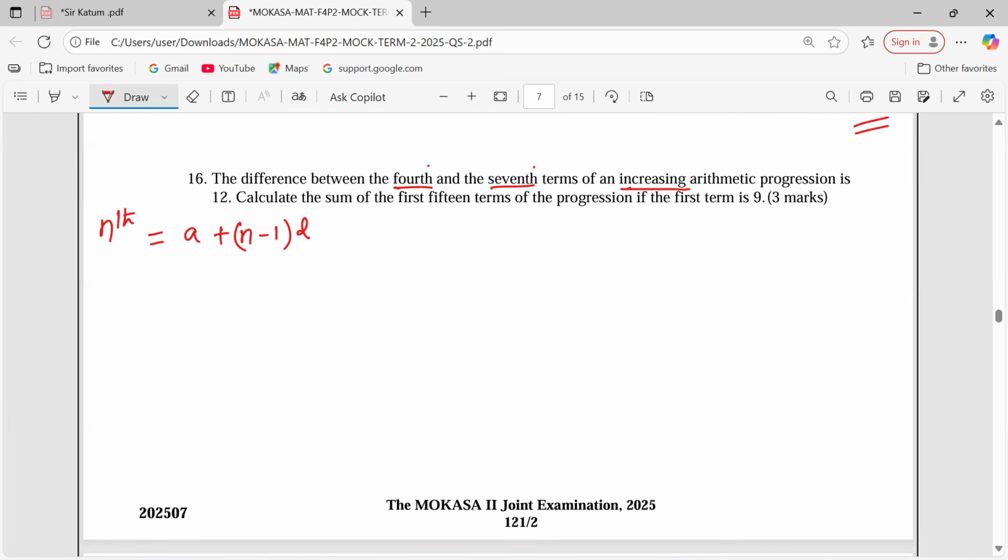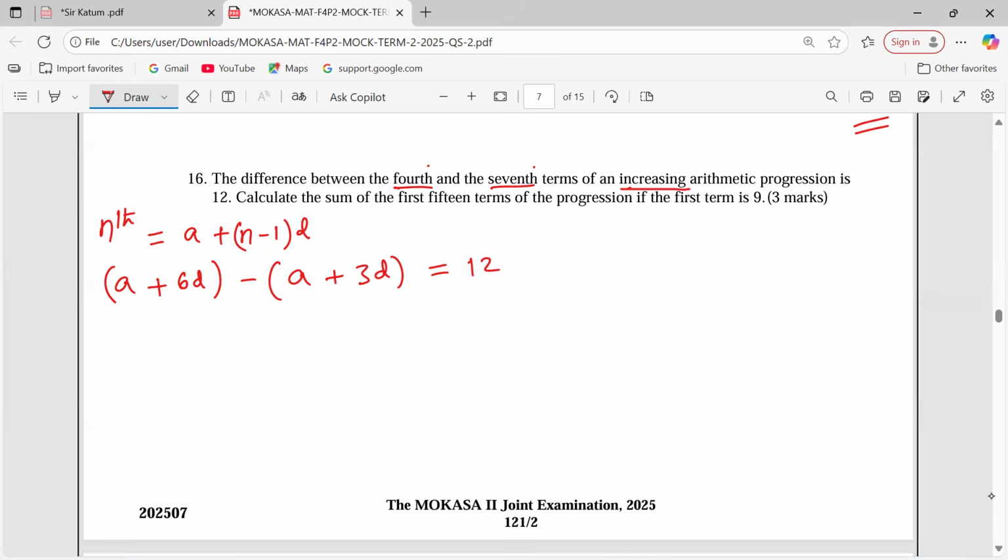So the seventh term is going to be a plus (7 minus 1), multiplied by d. When we subtract the fourth term, which is a plus (4 minus 1), 3 multiplied by d, we're supposed to get 12, because in an increasing arithmetic progression, the seventh term is greater than the fourth term.